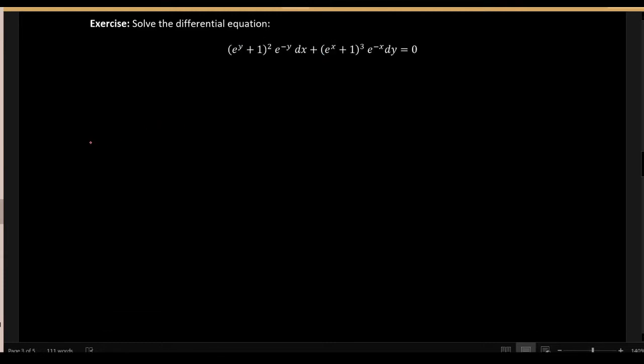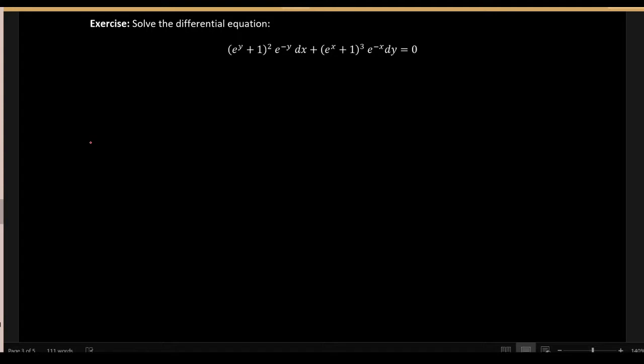For example, here we have a differential equation which is currently in differential form. Let's go ahead and solve this differential equation. Now at this point there's only one tool in our toolbox, and when you only have a hammer, everything looks like a nail. So let's hope and pray that this equation is separable.